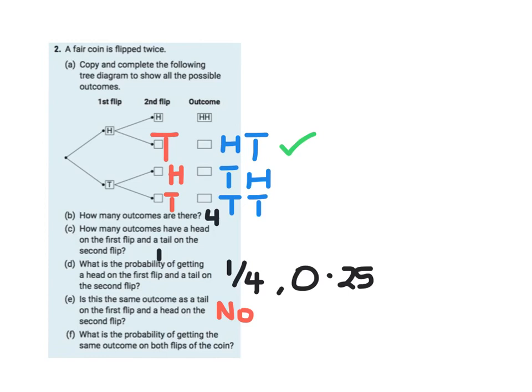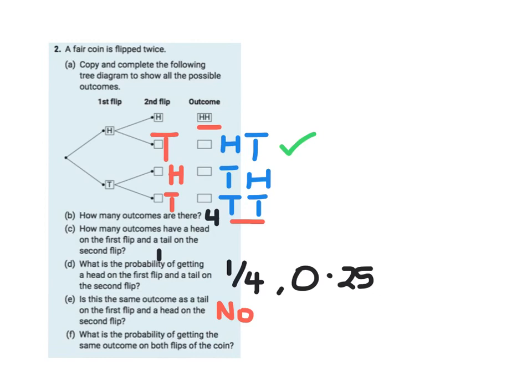Then the last question is, what is the probability of getting the same outcome on both flips of the coin? So that's if I got a head, head, or a tail, tail. So head, head happens once, tail, tail happens once.